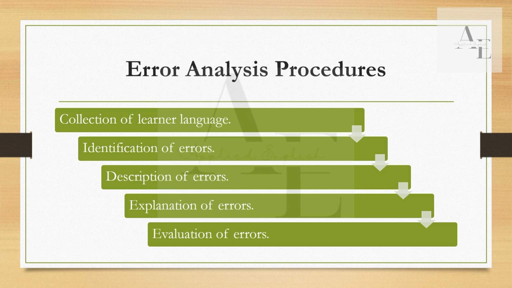They evaluate to what extent this error affects comprehension. So if this learner continues forgetting to use the plural s, does it affect the comprehension? Does his partner understand him, or does he understand what he hears? They evaluate to what extent these errors affect the learner's communication.